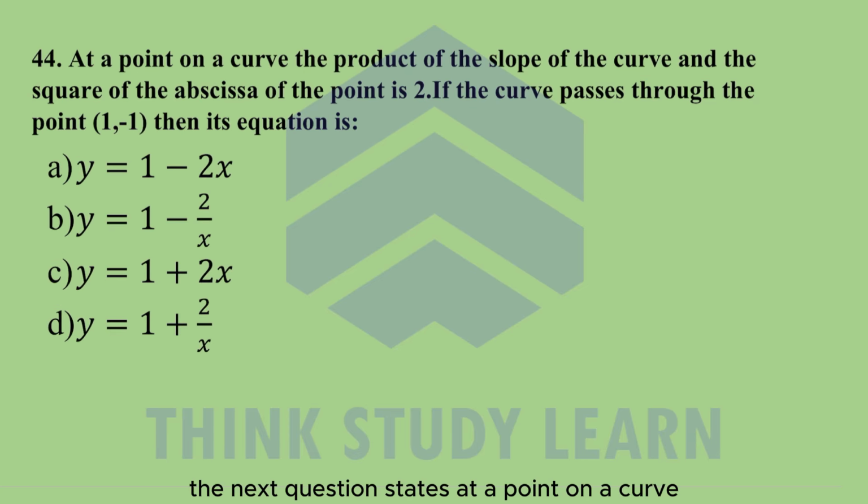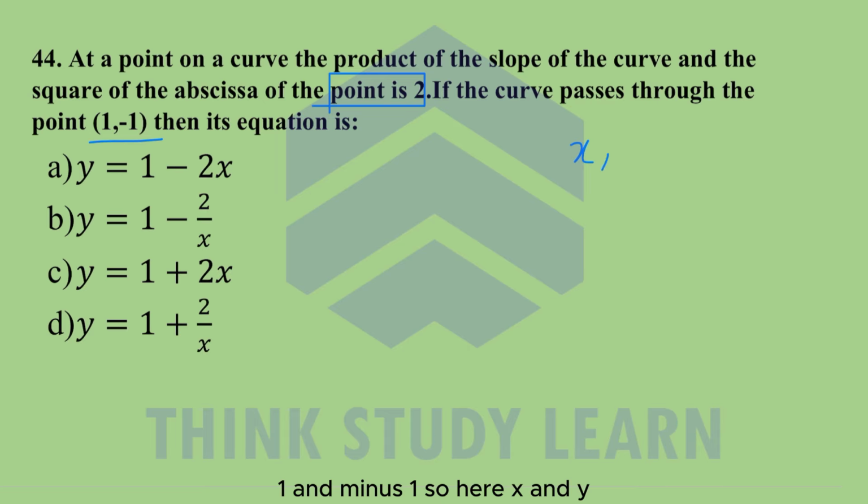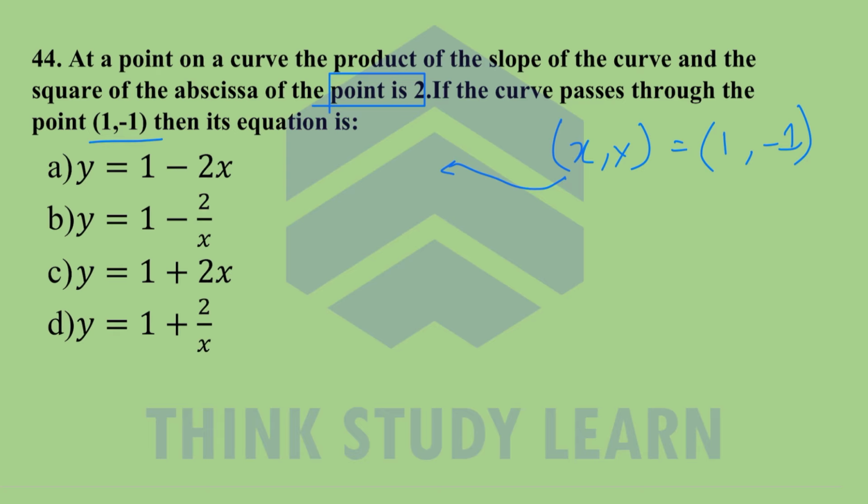The next question states: at a point on a curve, the product of the slope of the curve and the square of the abscissa of the point is 2. If the curve passes through the point (1, minus 1), then its equation is. So we have to find the equation with the point 1 and minus 1. We will back solve this question by putting these points into the equations given in the options.